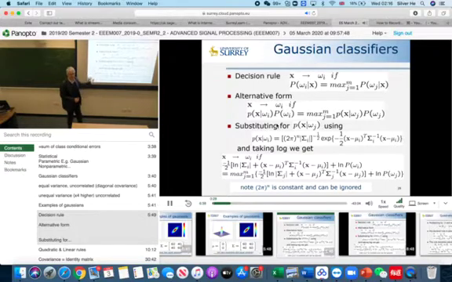And in one sense, it seems the obvious thing to do in that you're choosing the most probable class. But in terms of the error measure that we introduced last time, it also minimizes the probability of error. So you can think of it two ways. You can either say, we're going to choose the most probable class, or we're going to choose the class that reduces the error as much as possible.